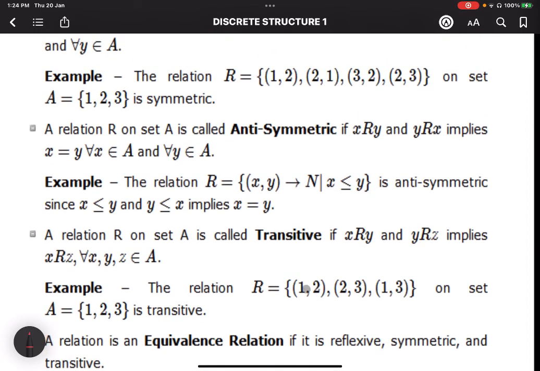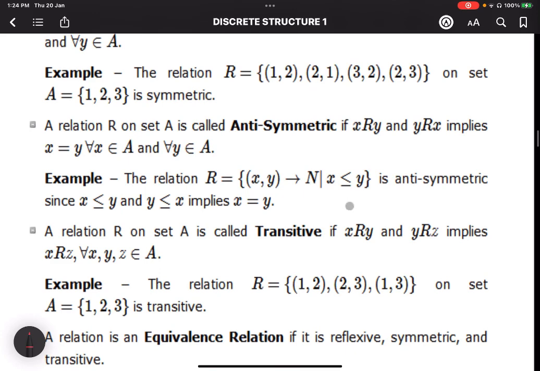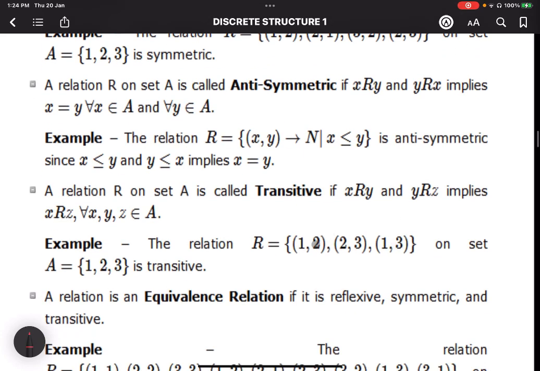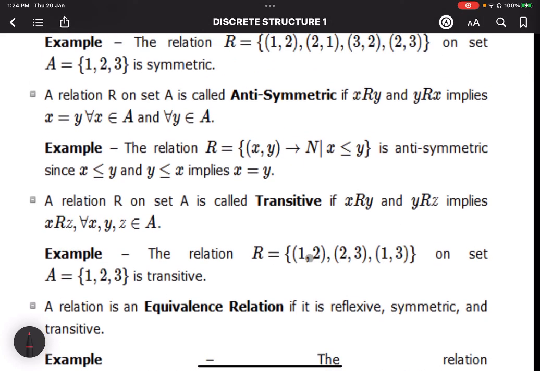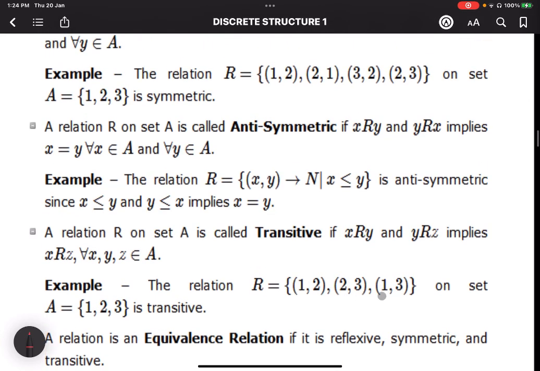So, we have (1, 2), we have (2, 3), and we have (1, 3). So, 1 being transferred here, and 3 transferring here, and 2 transferring there. Okay? Meaning all of the elements here can be in any position, no, within the indicated sets.